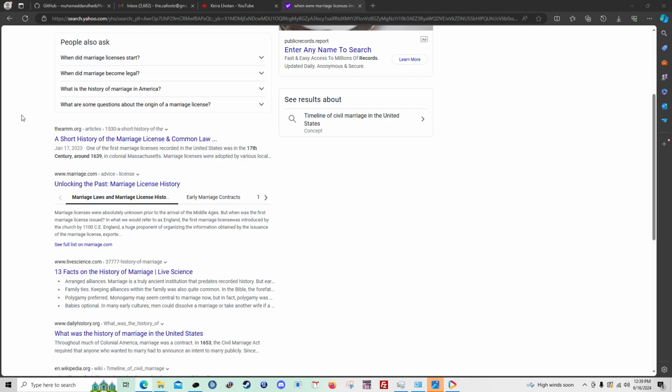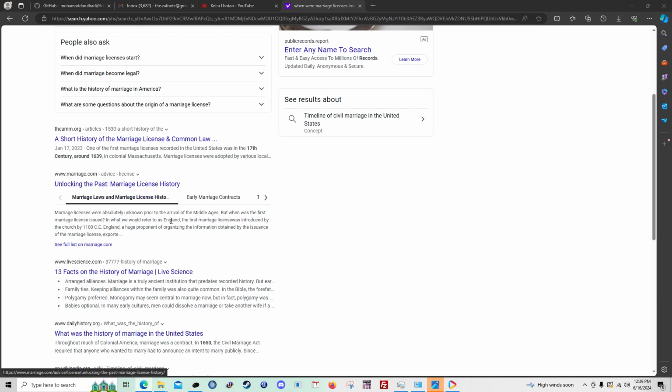And this time I looked up marriage license. When was the marriage license invented? And it says that one of the first marriage licenses recorded in the United States was in the 17th century, around 1639, in colonial Massachusetts.